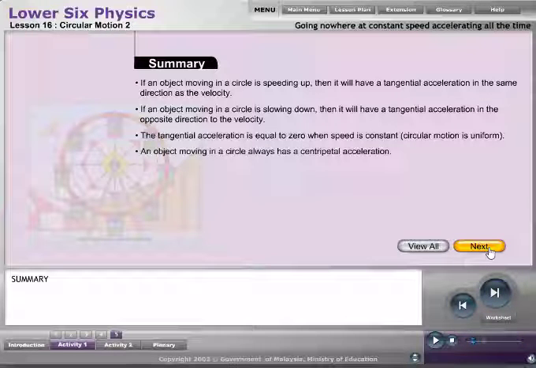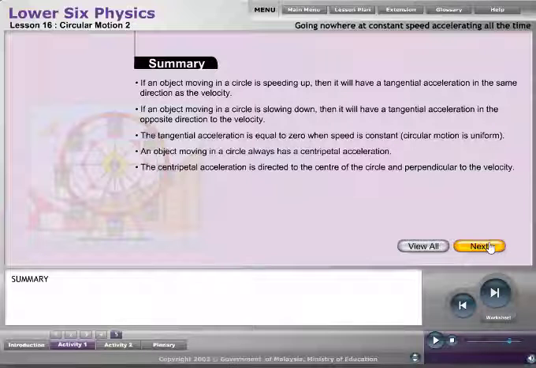An object moving in a circle always has a centripetal acceleration. The centripetal acceleration is directed to the center of the circle and perpendicular to the velocity. The velocity v and angular velocity omega are related by v equals r omega, where r is the radius of the circle.